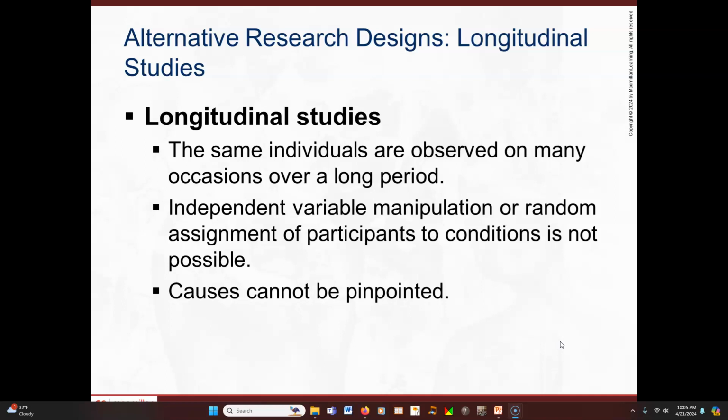However, because longitudinal studies tend to report on the order of events, they do provide compelling clues about which events are more likely to be the causes and which are more likely to be the consequences.